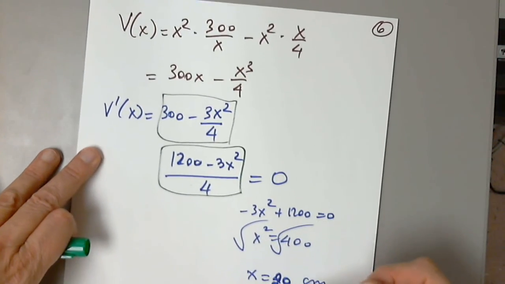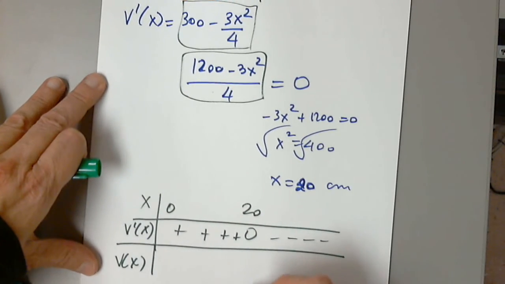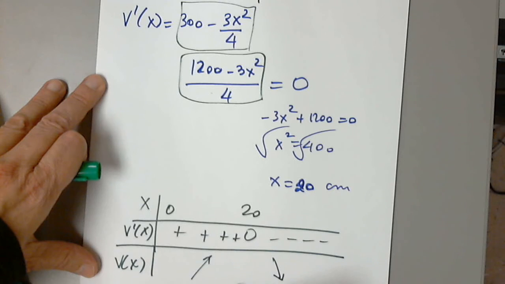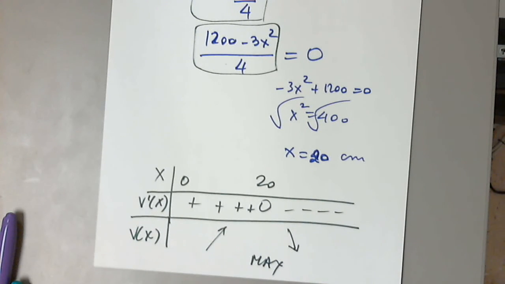When I plug in 100, I get negative. So this is typical for a max. So now it's guaranteed. If we're asked to find the maximum, we will have to plug in 20 in the volume. But for now, we know that this would be the setup for a maximum because the first derivative is positive and then negative. We are also asked to determine h.